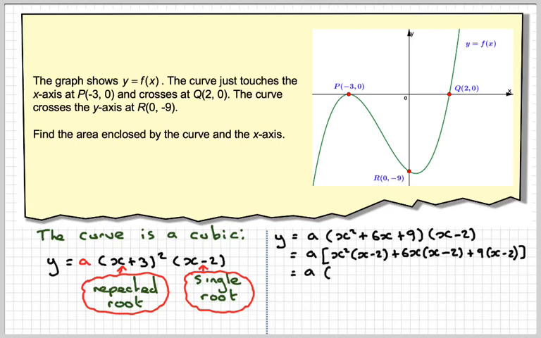So expanding carefully, we're going to get x cubed minus 2x squared plus 6x squared minus 12x plus 9x minus 18. Collecting together like terms, that will give me x cubed plus 4x squared, that's minus 2x plus 6x, minus 3x, because that's minus 12x plus 9x, minus 18.